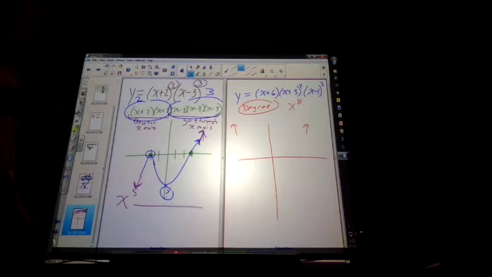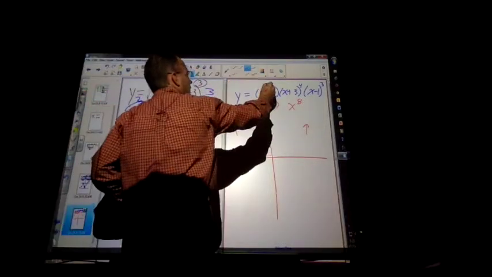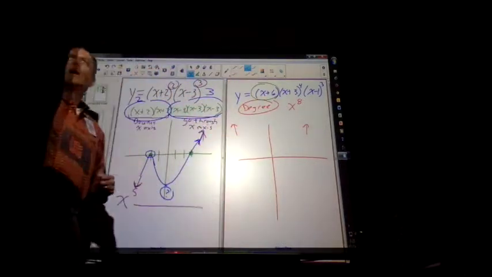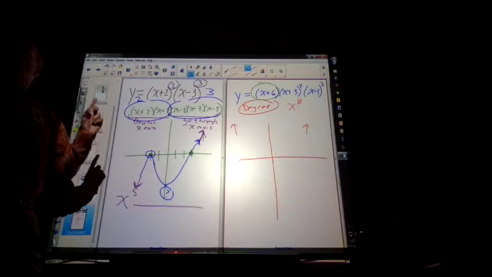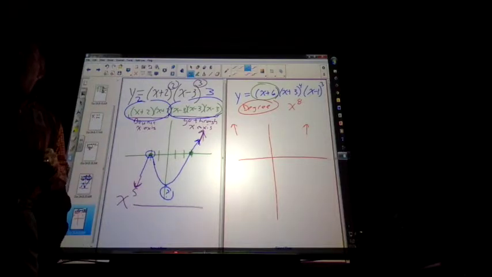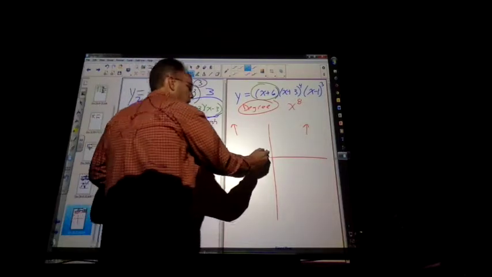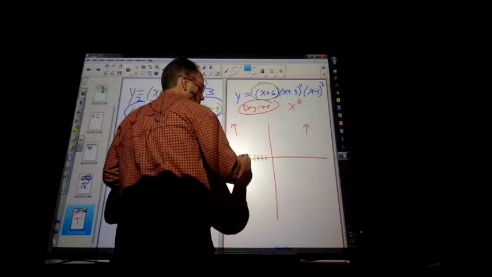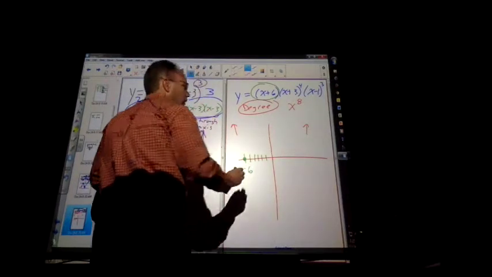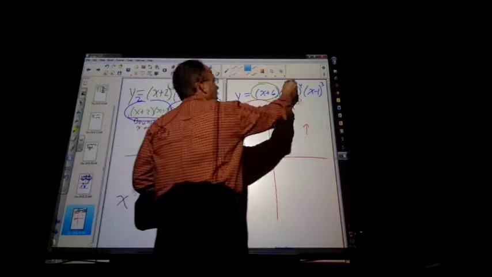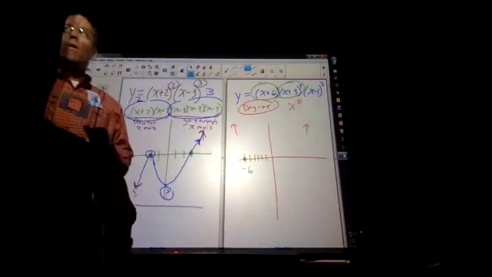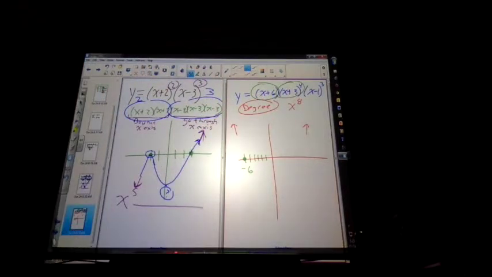Okay? What is the multiplicity of this? 1. So where will that go through the x-axis? -6. Okay? What is the multiplicity of this? 4. Where will it go through the x-axis or will it bounce?